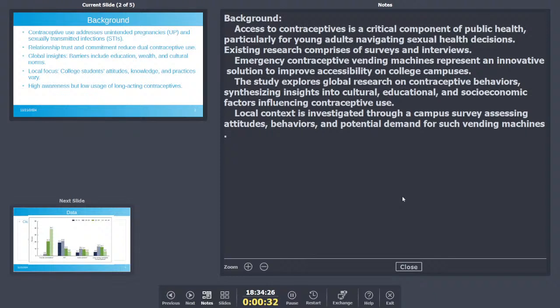Emergency contraceptive vending machines represent an innovative solution to improve accessibility on college campuses. The study explores global research on contraceptive barriers, synthesizing insights into cultural, educational, and socioeconomic factors influencing contraceptive use. Local context is investigated through a campus survey assessing attitudes, behaviors, and potential demand for such vending machines.